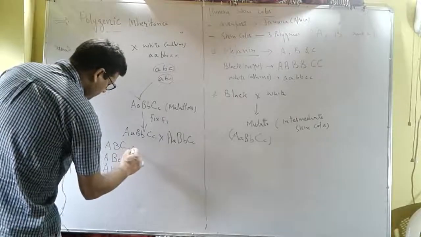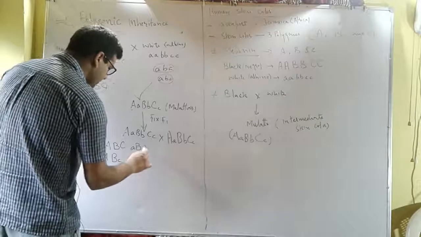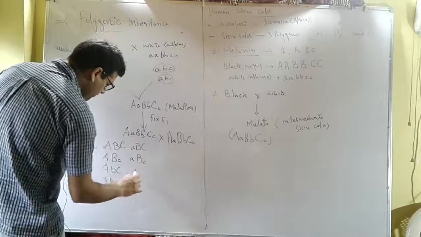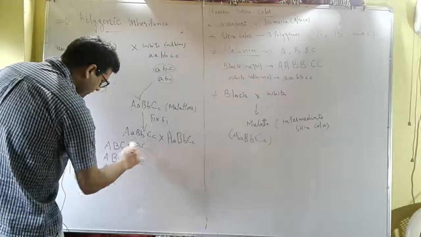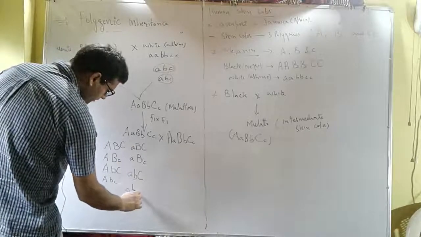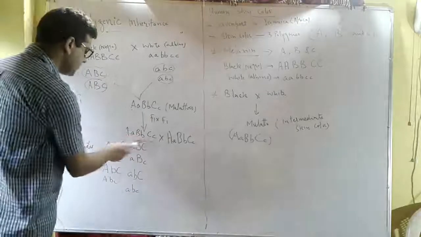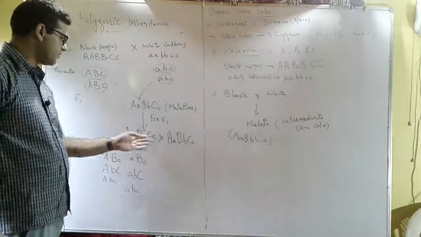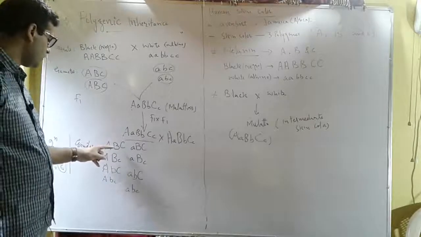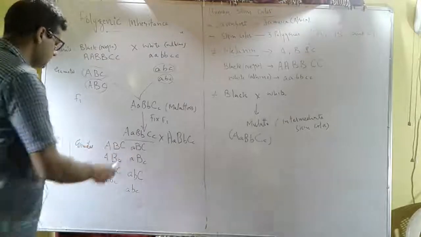Then we have small a, capital B and capital C, small a, capital B and small c. Then we have small a, small b and capital C, small a, small b and small c. These are the 8 types of gametes formed. We have the formula 2 raised to the power n, where n is the number of heterozygous alleles, 1, 2 and 3. So ultimately the number of gametes would be 8.